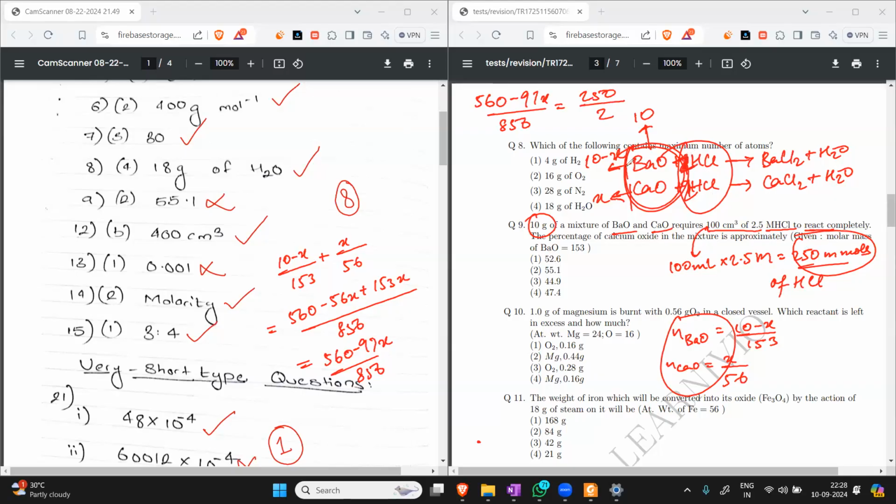because if I have 2 moles of HCl I have 1 mole of barium oxide, or if I have 2 moles of HCl I need only 1 mole of calcium oxide, है ना.